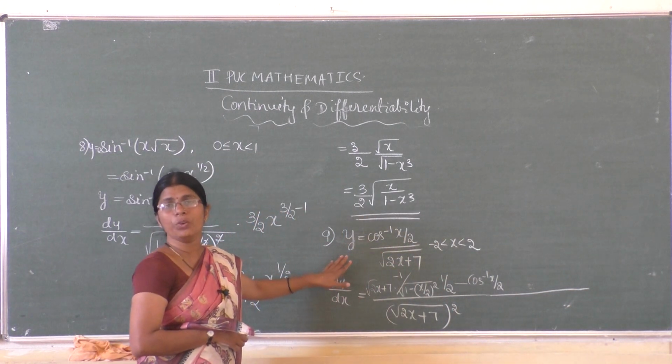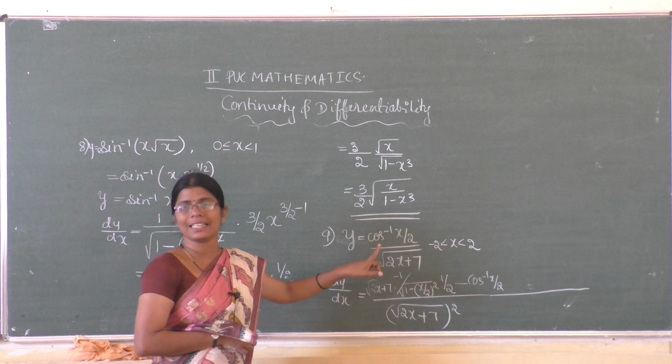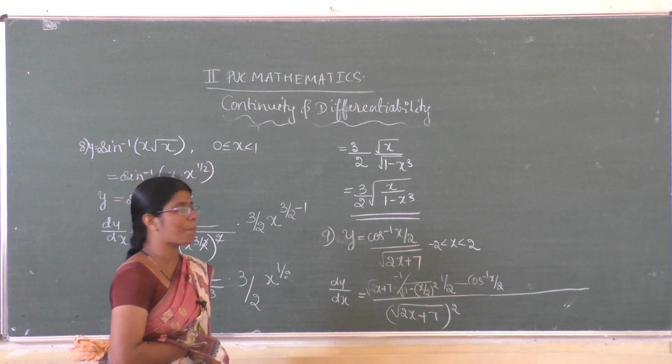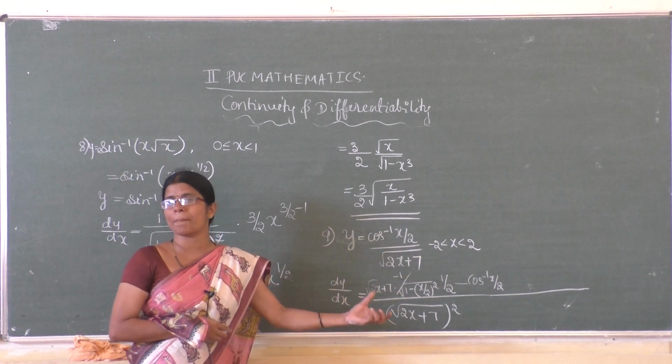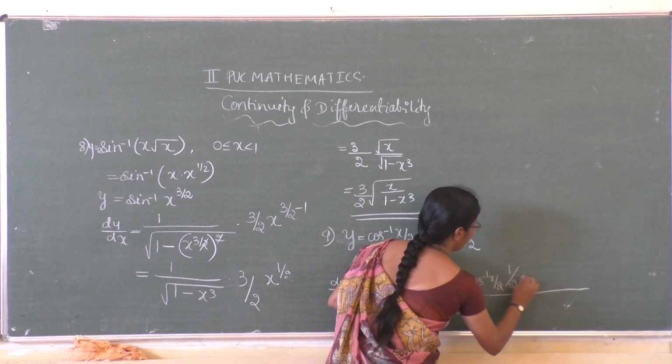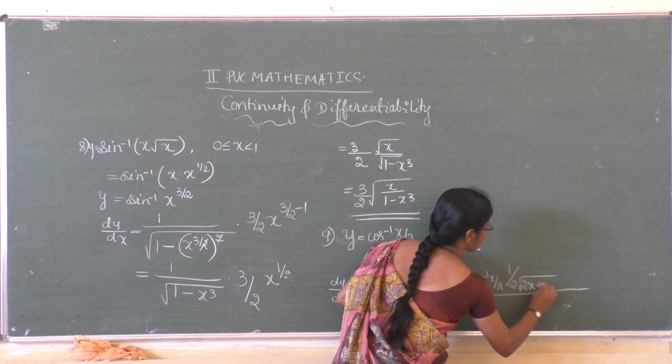Root x means x to the power half, and the derivative of x to the power half is half x to the power minus half, that is 1 by 2 root of 2x plus 7.